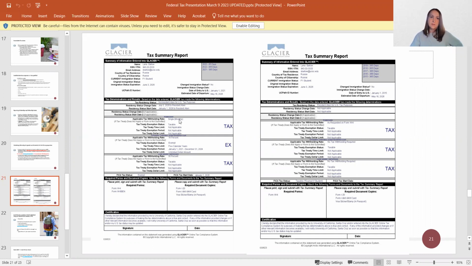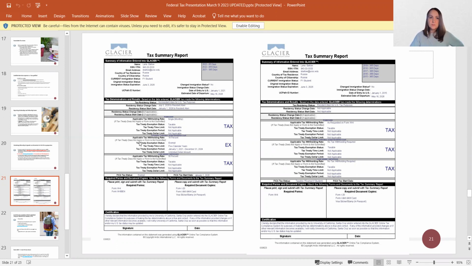It's always the same rate, single. As a fellowship recipient, she was supposed to be taxed at 14%, but because she comes from a country that has a tax treaty exemption on fellowship for the first 5 years, she is exempt from tax.